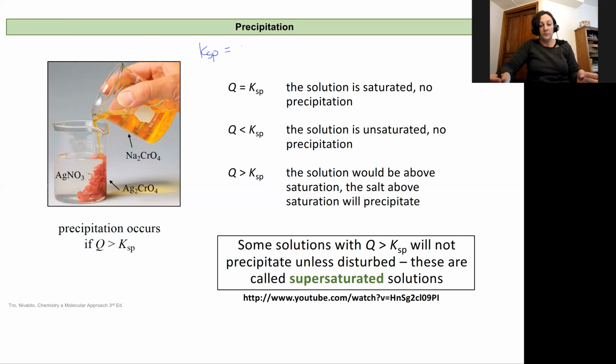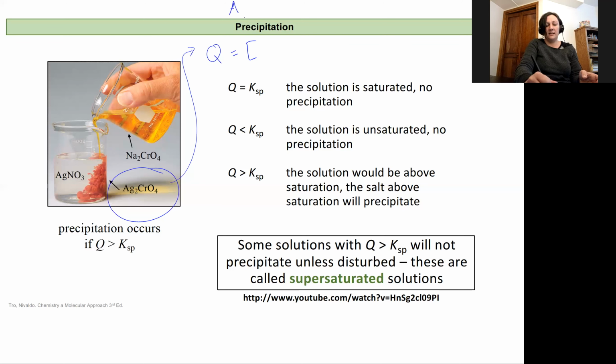So thinking about that, if you calculate Q in the same way that you would calculate KSP, in our case with solubility, Q is going to be equal to the concentration of the ions. We're looking at silver chromate as a solid in equilibrium with silver ions, two of them, and a chromate ion.